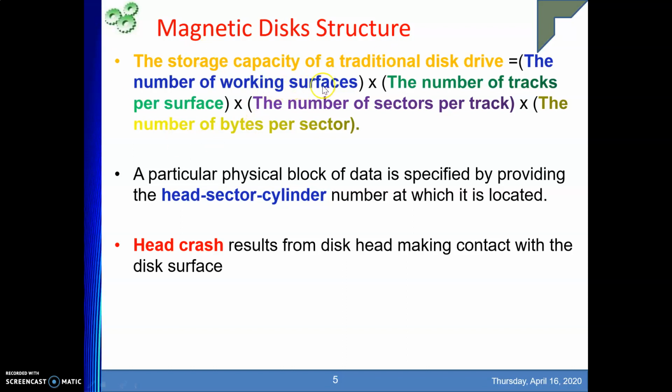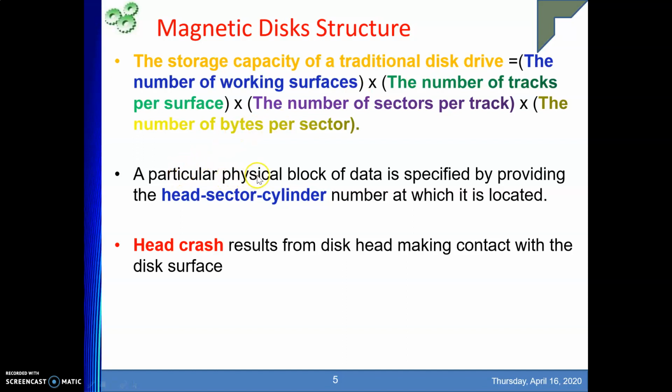So the number of platters times 2 gives the working surfaces, multiplied by the number of tracks per surface. How many tracks are there on a surface? Then the number of sectors per track, because the track is divided into sectors, and that is multiplied by the number of bytes per sector. That will give us the total capacity of our disk drive.